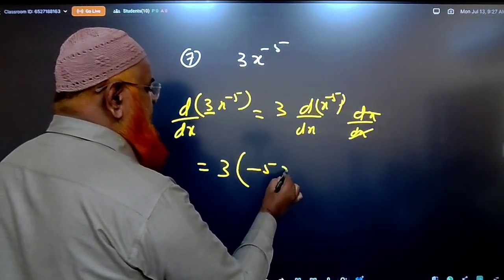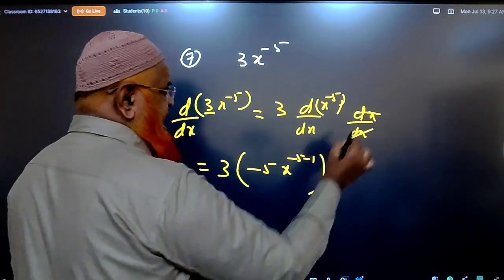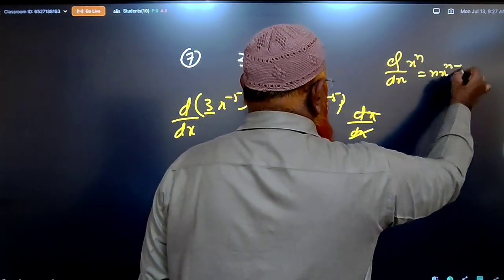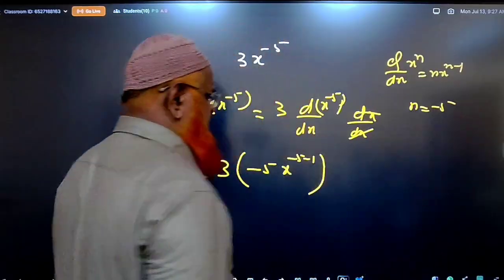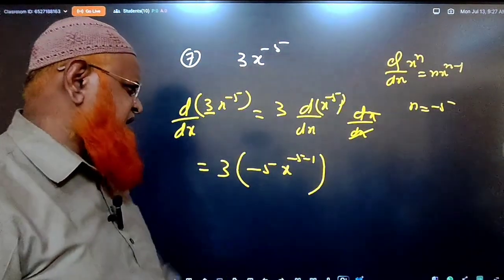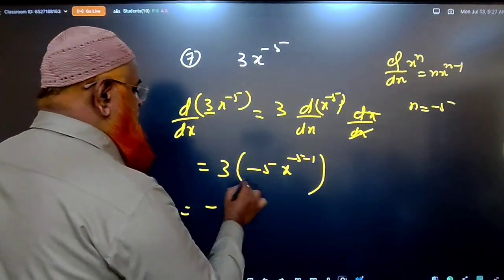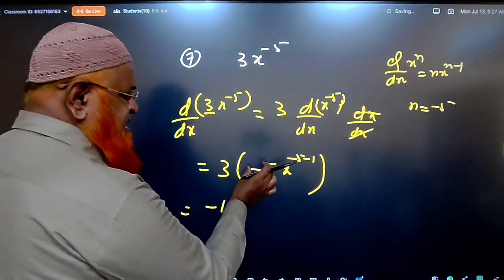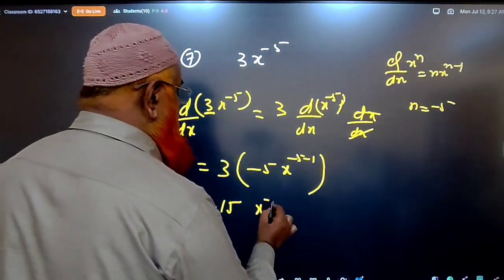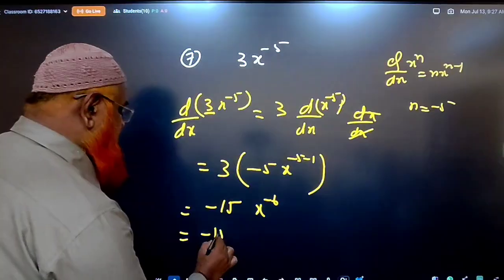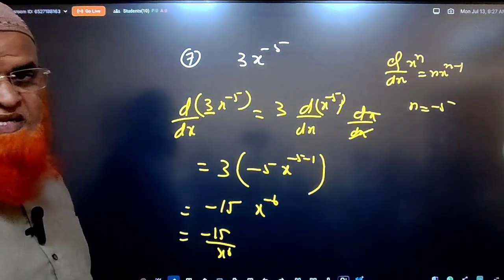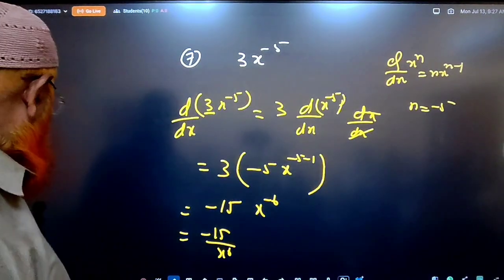Minus 5 into x power of minus 5 minus 1, as it is the same as what I have been explaining in previous problems, that is n x power of n minus 1, where n is going to be minus 5 in this case. So minus 5 into x power of n minus 1, meaning minus 5 minus 1. 5 3s are 15 here, because this is a coefficient we are getting as minus 5, so minus 15 x power of minus 6. So this can also be written as minus 15 by x power 6, because the power of minus 6 goes to the denominator and becomes plus 6 here. Okay, so this is the method of solving this problem.